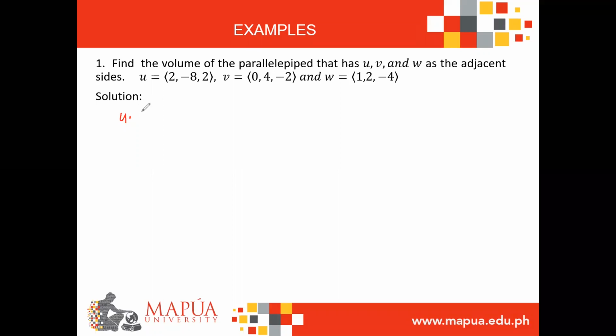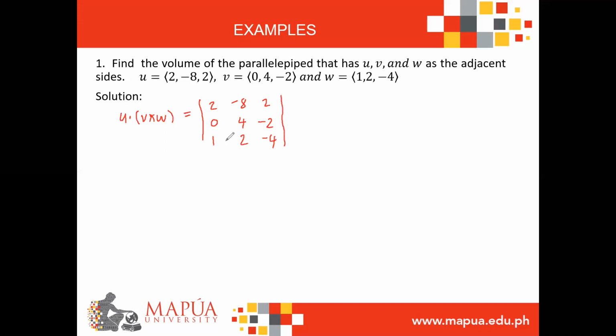We have u dot quantity v cross w equal to the determinant of a 3 by 3 matrix. Let's have the first row 2, negative 8, 2. Then the second row will be the components of v, which are 0, 4, negative 2. Then for vector w, we have 1, 2, negative 4.